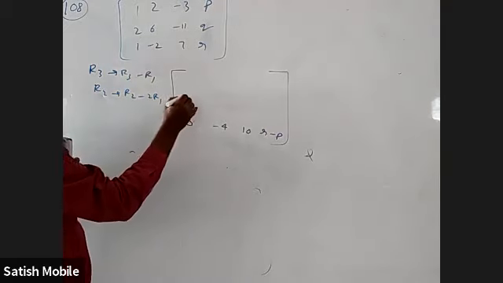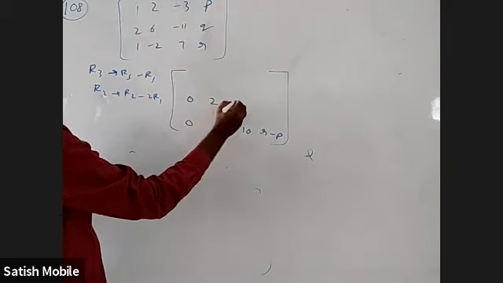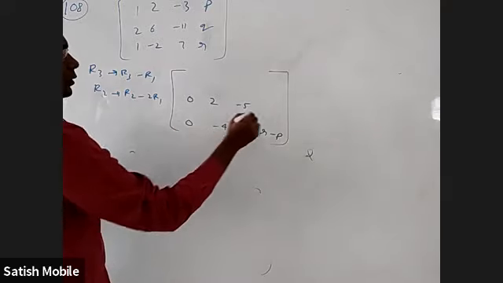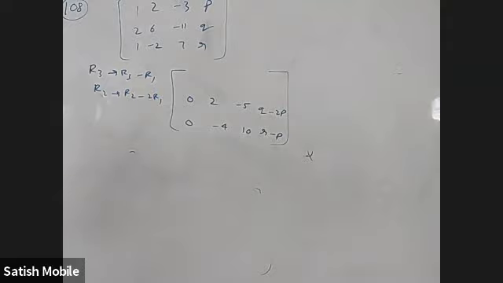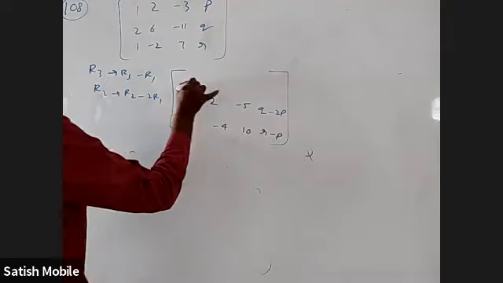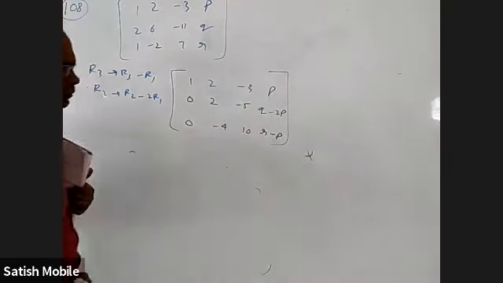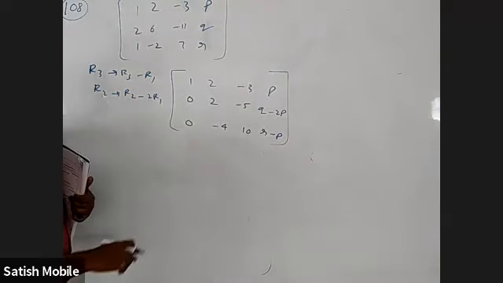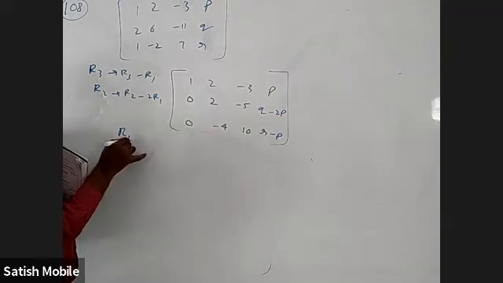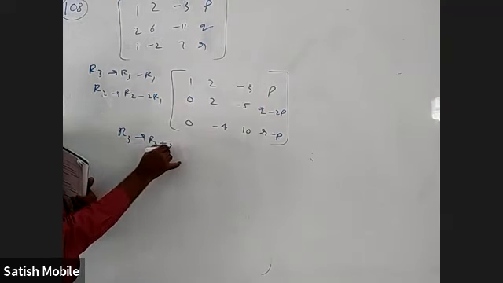From this 2 times, so 0, 2, minus 5, Q minus 2P. 1, 2, minus 3P. Now to convert this into 0, R3 as R3 plus 2R2.